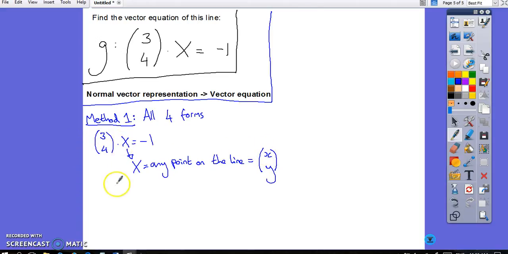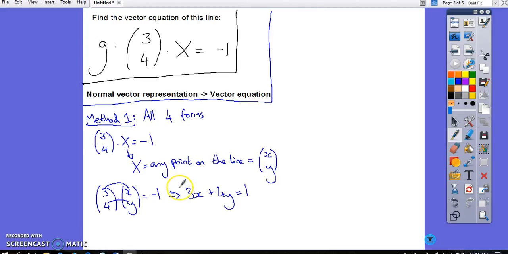So if we multiply this out using our scalar product now, we have (3, 4) times (x, y) is negative 1, which means I have 3x plus 4y is equal to 1. And all I've done there is the standard scalar product, the top components multiplied together plus the product of the bottom components, and that is always equal to 1.